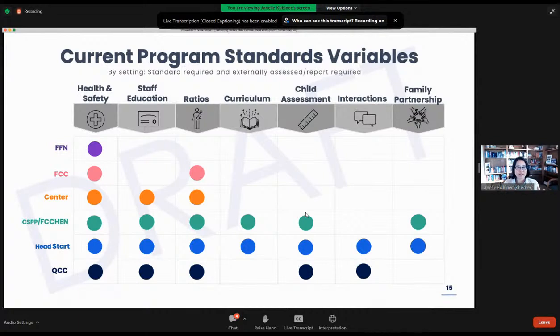But to give you a point of reference, these are things that are formally captured in our current program standards. And I see Mari has put in NAEYC accreditation. That's something we could add a column for and say, where does that sit and how should that apply if we decide things like that? So that's really what we wanted to give you.